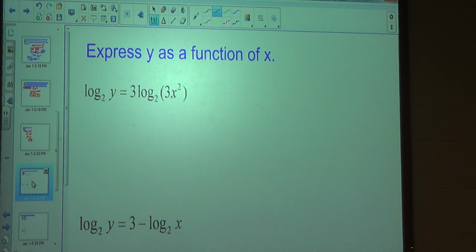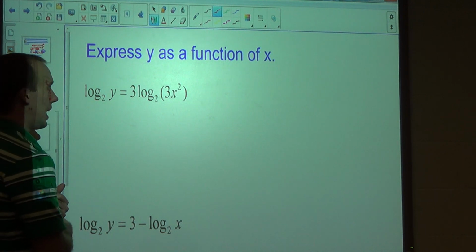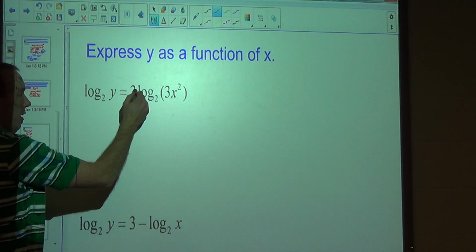Alright, now I got a problem like this. Express y as a function of x. Alrighty, so what I need to do is simplify the sides so that I have the logs combined or looking better on each side. So right now, I can't divide yet or get rid of the logs yet because of this 3 out in front.